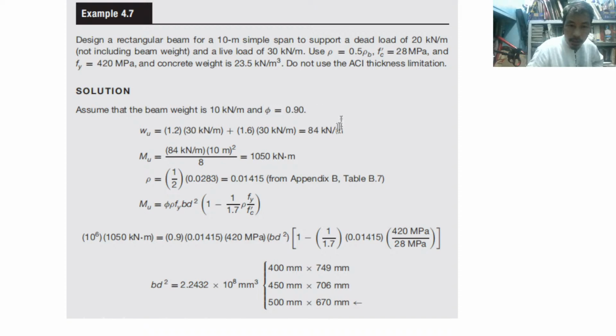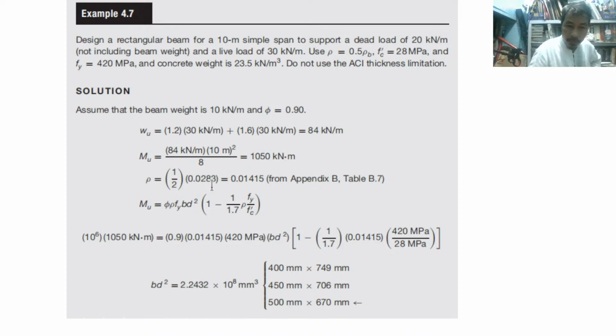So therefore we have 84. For what type of beam? Simple span, so simple beam. It is not continuous, it is not cantilever, so simple span formula. So wL squared over 8 gives 1050 kilonewton meter.